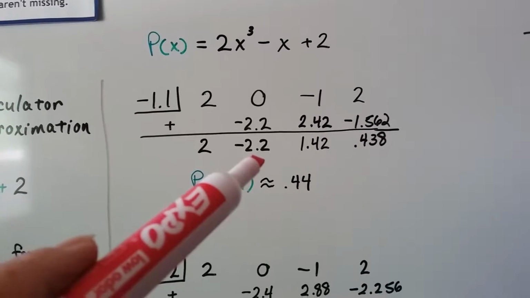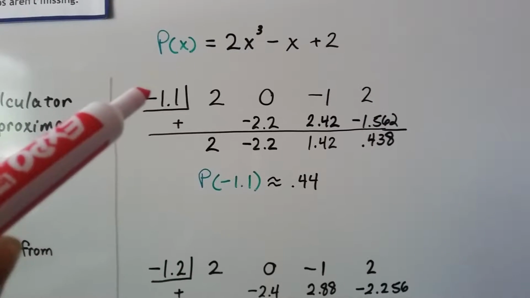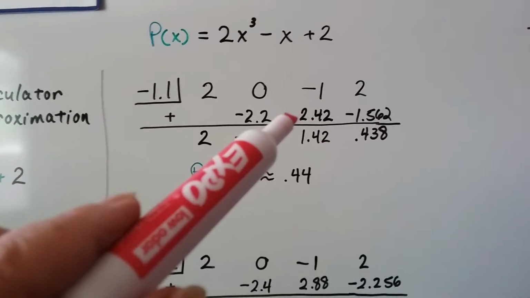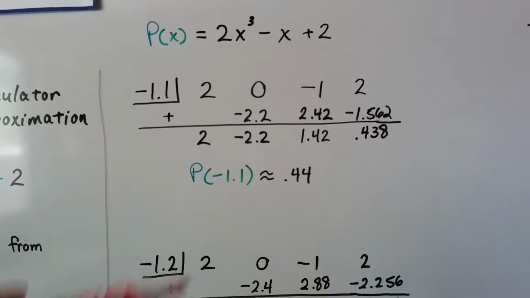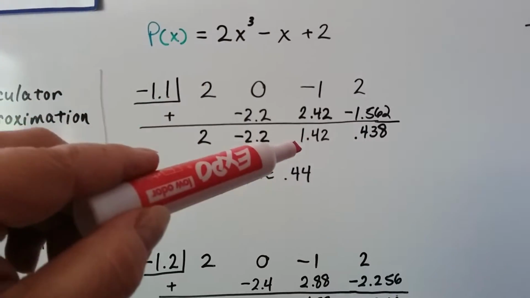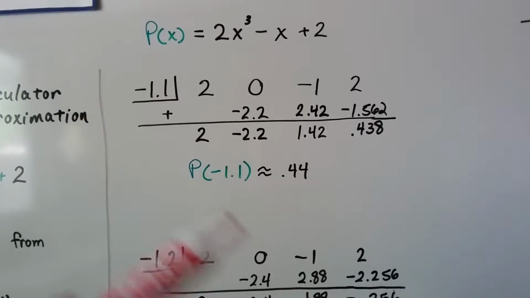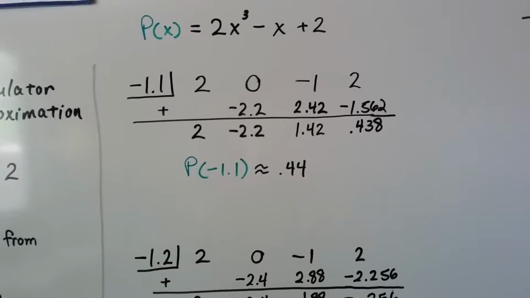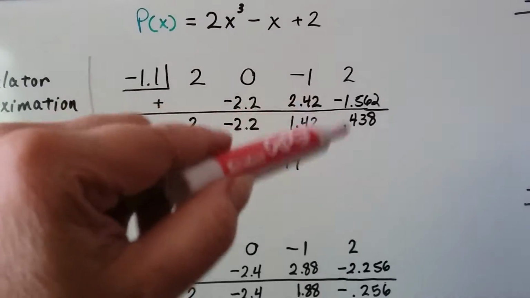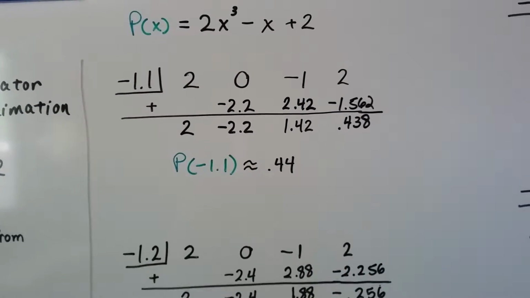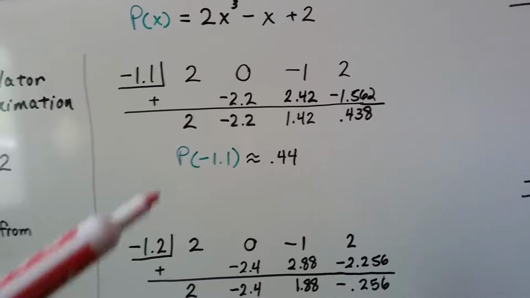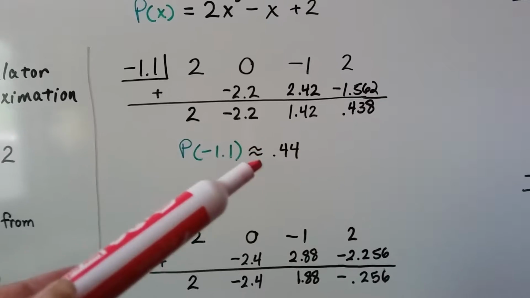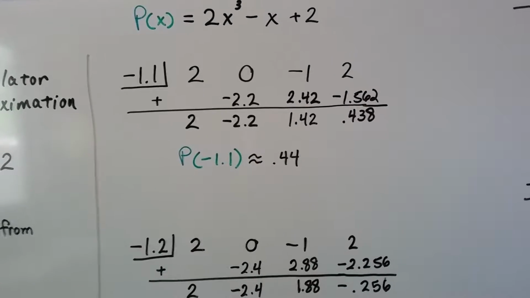We multiply the negative 2.2 by the negative 1.1 and get a positive 2.42. We add it to the negative 1 and get 1.42. Multiply it again and we get negative 1.562. We add it to that 2 and get 0.438. So we can say p of negative 1.1 is approximately 0.44, all right?